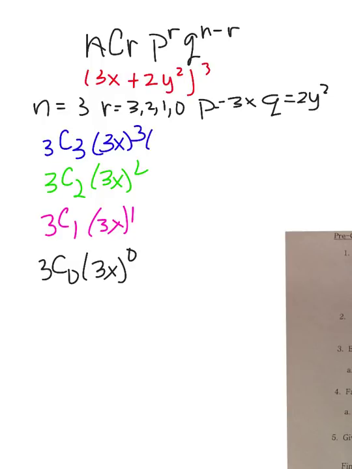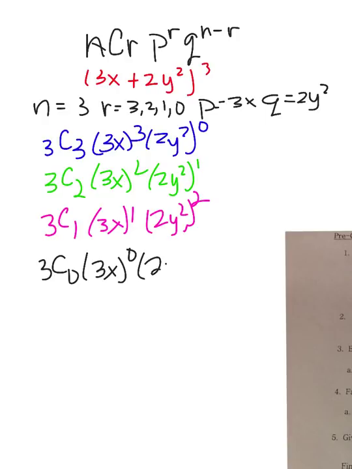Q is 2y², so that's going to be raised to the 0 power, then (2y²)¹, (2y²)², and (2y²)³.